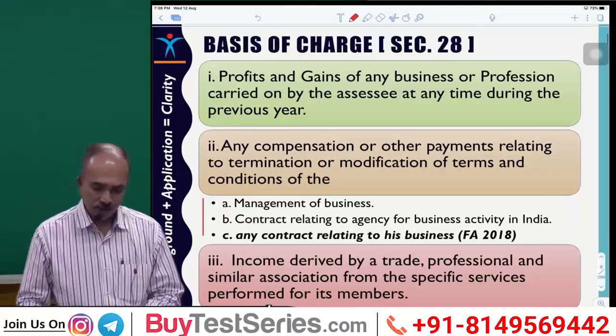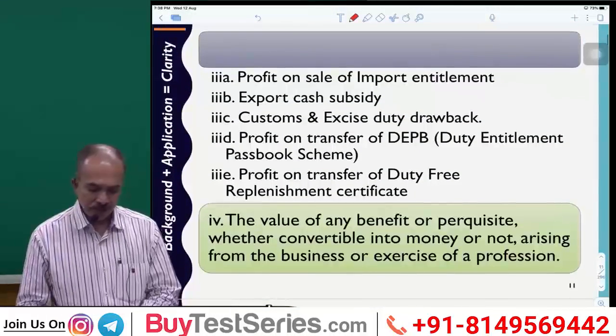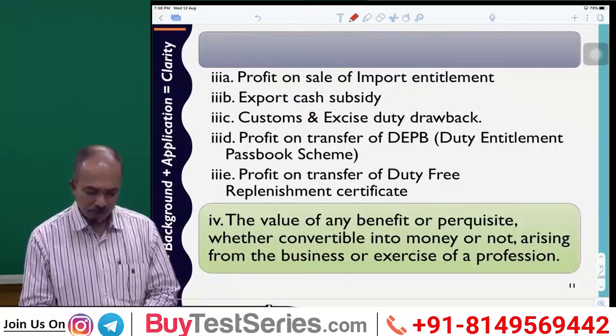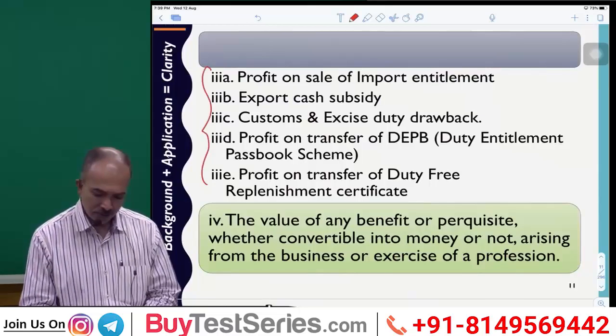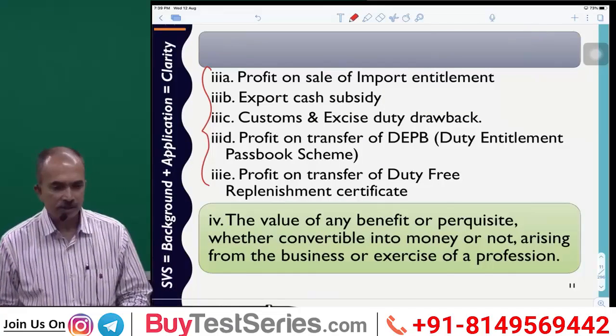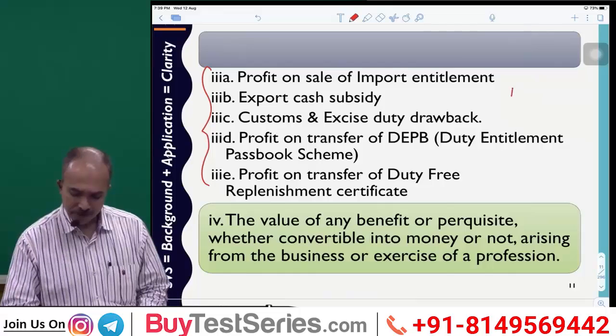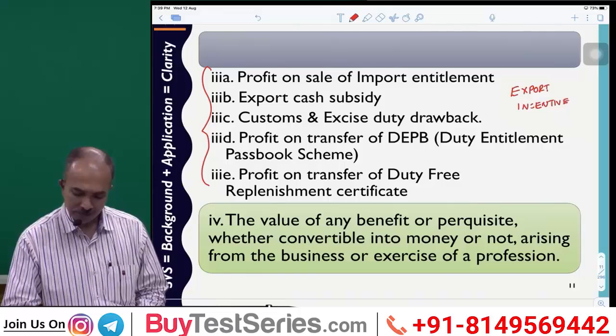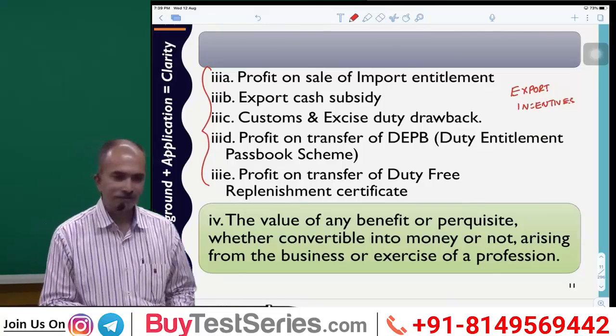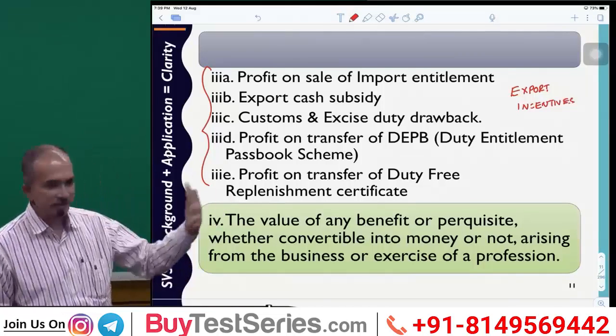Comfortable? Then you have 28, 3A, 3B, 3C, 3D, 3E. These 5 subclauses simply can be explained in 2 words: different types of export incentives. Of course, some of them have already been scrapped.